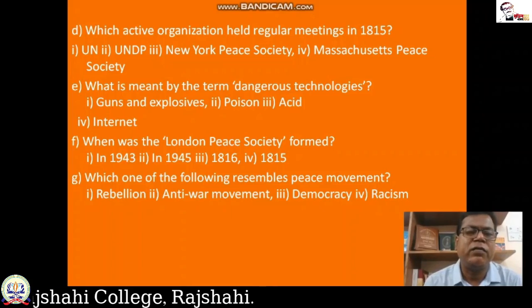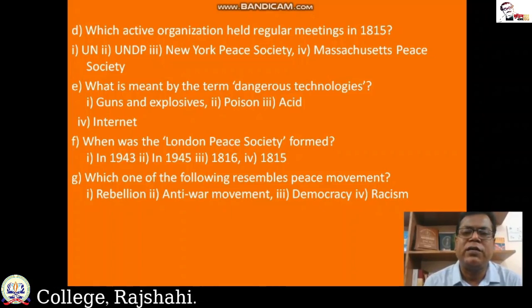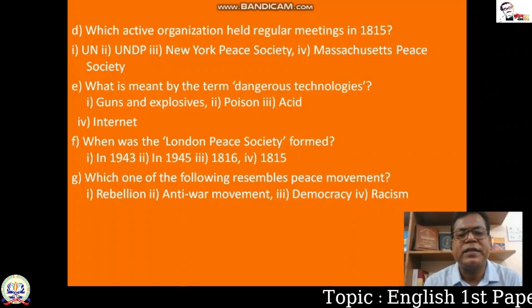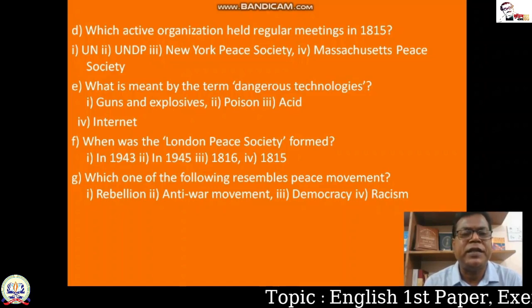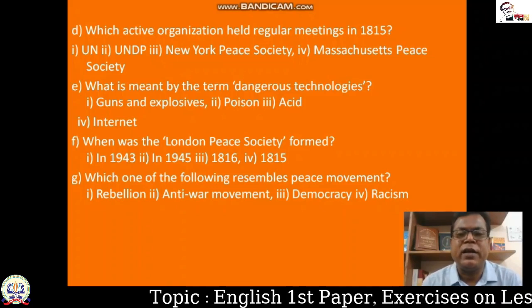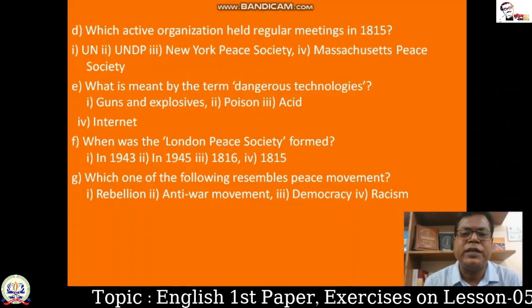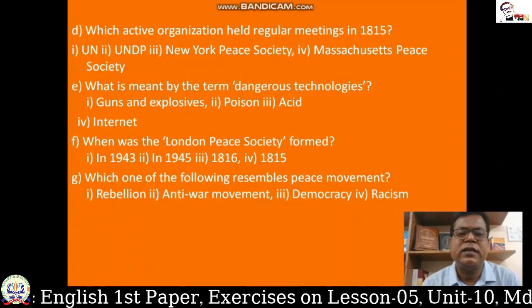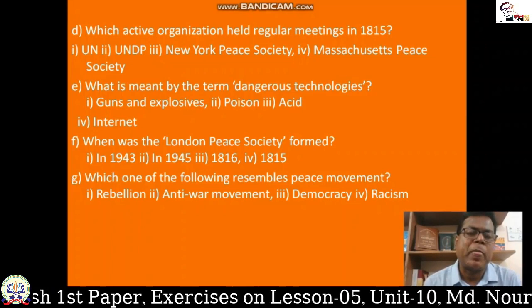Number F. When was the London Peace Society formed? If you look at the passage or text of lesson 5 unit 10, the peace movement, there you'll find that the London Peace Society was founded in 1816. So the correct answer is number 3.